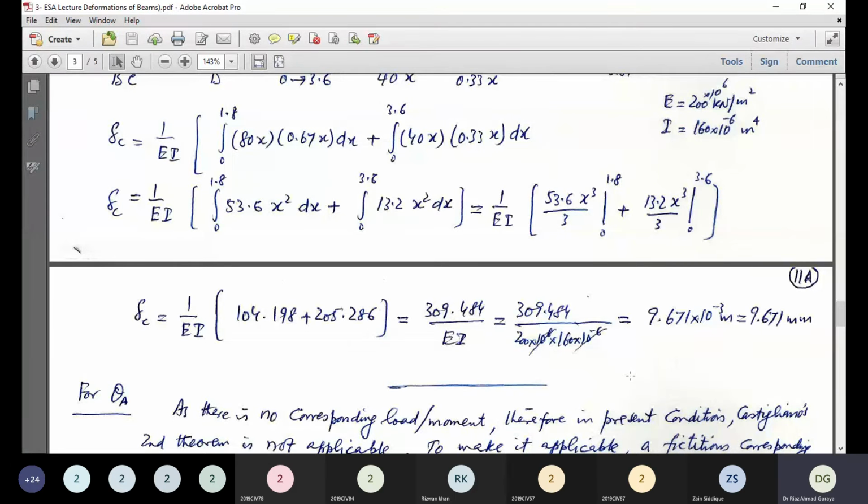Have anybody completed it? जी सर. So same value you have got. जी सर, सेम वैल्यू आई है.